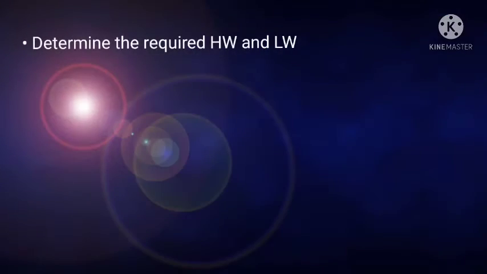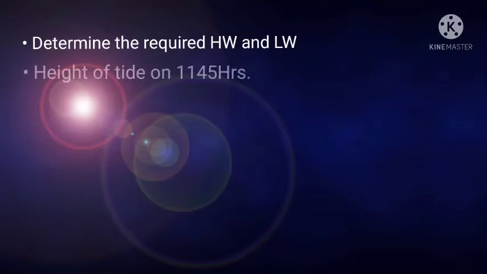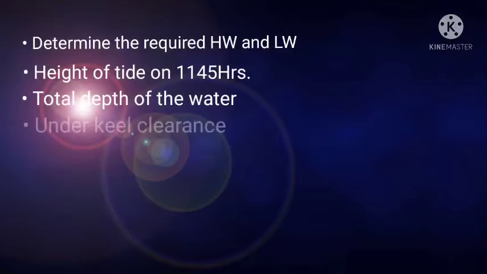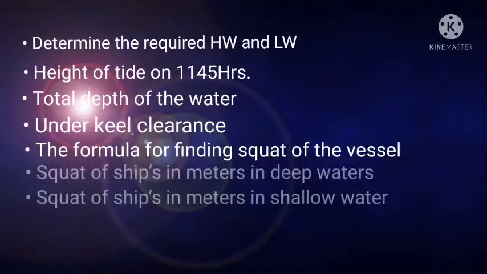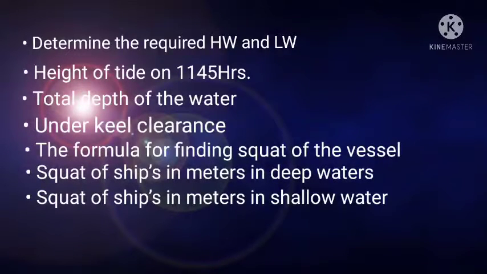So ang una natin kukunin is to determine the required HW and LW. Second is the height of the tide at 11:45 hours, the total depth of the water, the underkeel clearance, the formula for finding the squat of the vessel, and also the squat of the ship in meters in deep waters and in shallow waters.